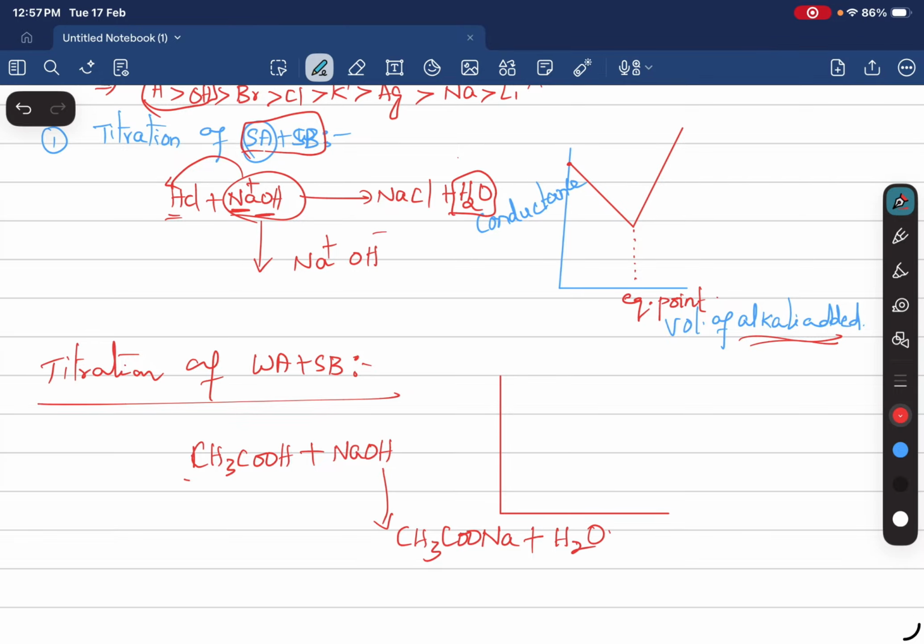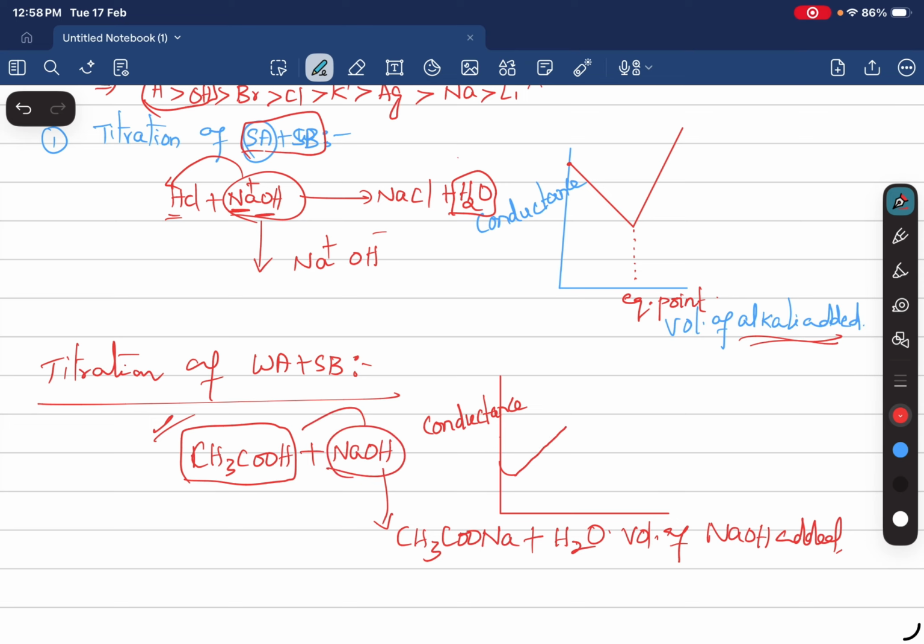In this case, the conductance of the weak acid is less at the initial time because dissociation is very low. Initially the conductance value is less because of less dissociation, and it slowly increases because NaOH causes more dissociation and forms the salt CH3COONa. This salt has more dissociation power compared to CH3COOH, so the conductance keeps on increasing, reaching the equivalence point.